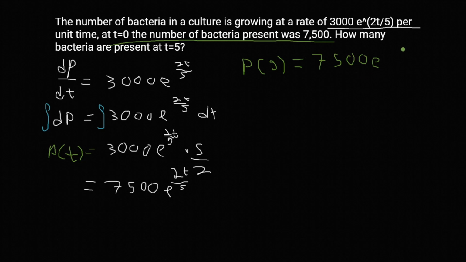The 5's will cancel out, so it's actually just 7500 e squared, which we want to probably estimate to a whole number of bacteria. There's only a discrete number of bacteria at a given time. You can't have half of the bacteria in this example. So we're going to shove this into our calculator and we get 55,418.